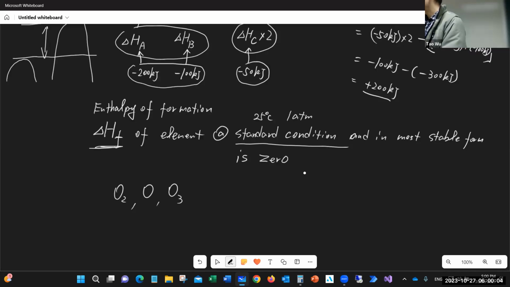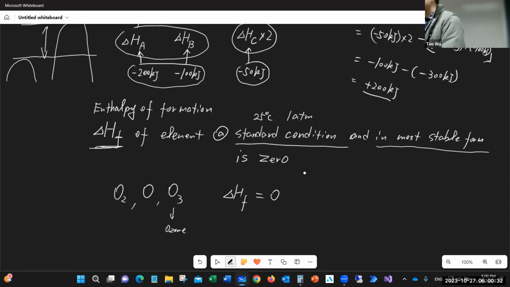Then oxygen could also be an oxygen atom. And also we can have ozone. So those 3 all belong to oxygen. But which one will be 0, which means which one has an enthalpy of formation of 0? The diatomic one.